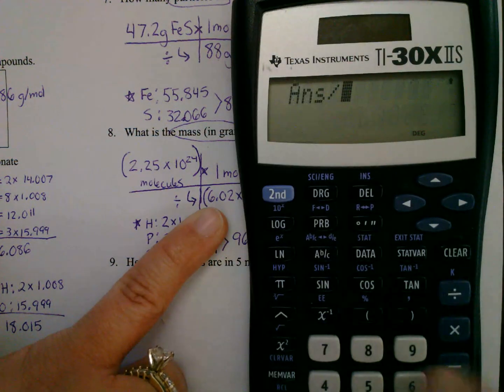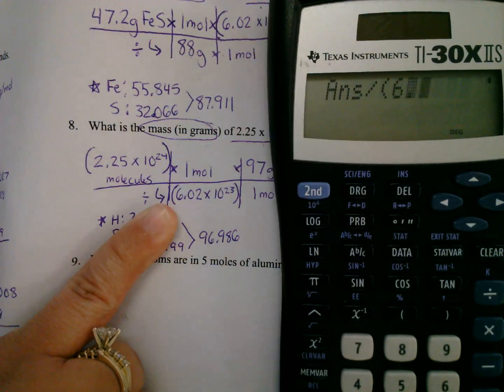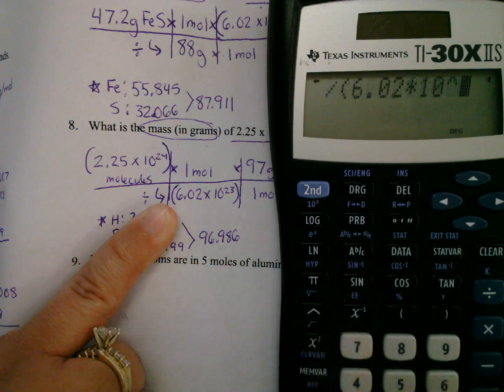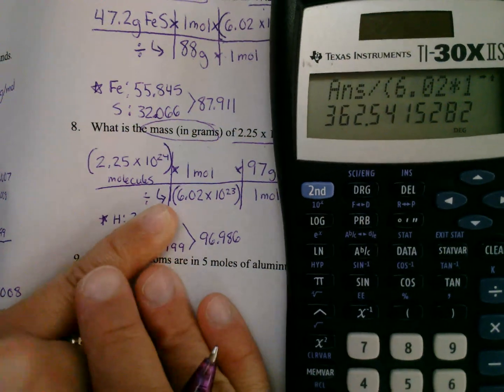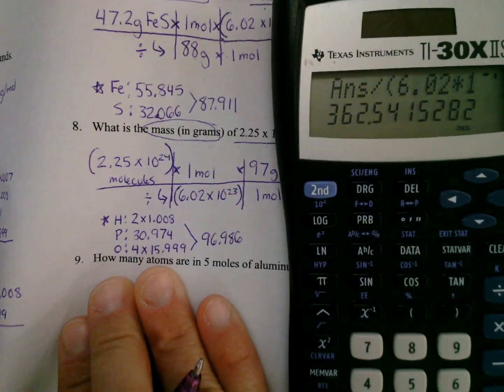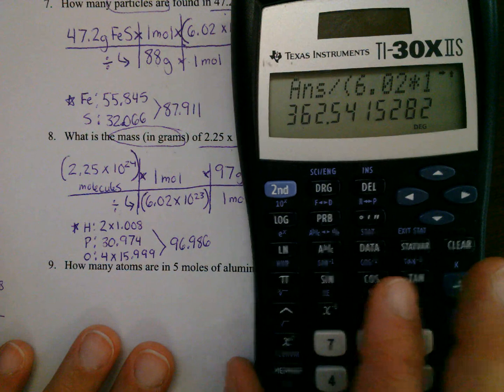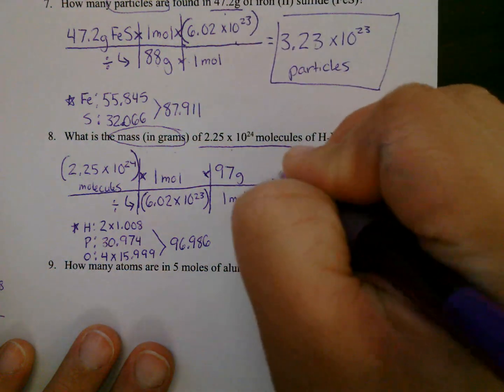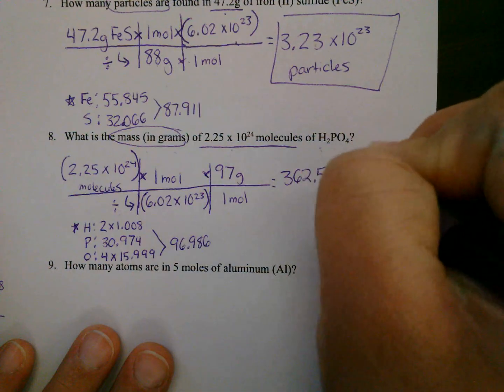So we're just going to hit divide, parentheses, 6.02 times 10 caret 23. And that's going to be our final answer, about 362.54 grams.